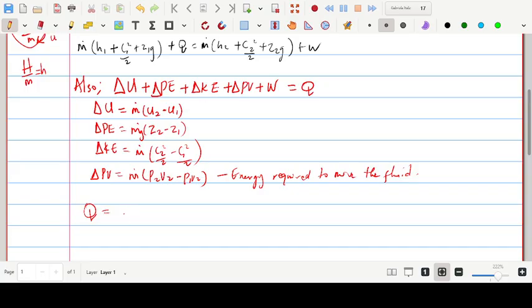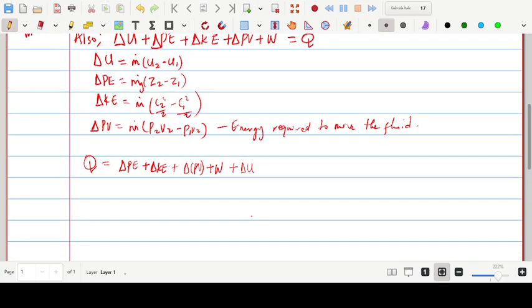So Q is equal to change in potential energy plus change in kinetic energy plus change in PV plus W plus change in internal energy.